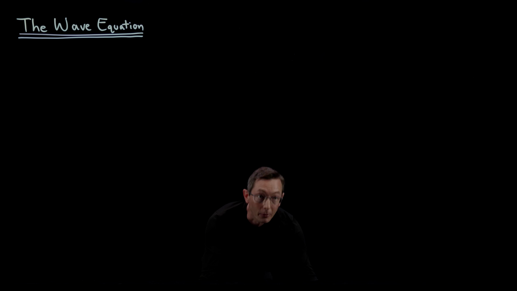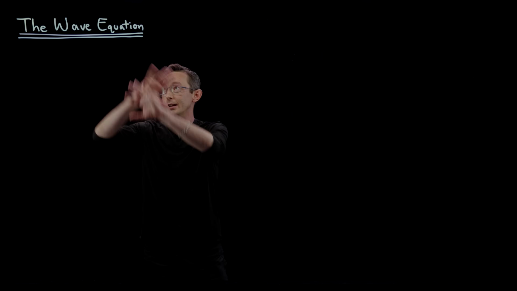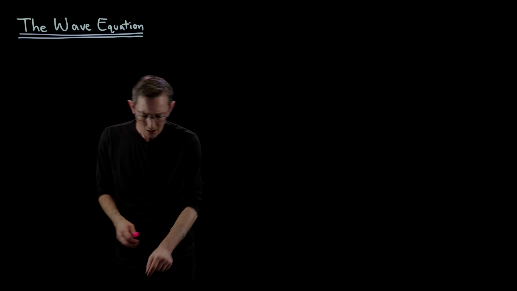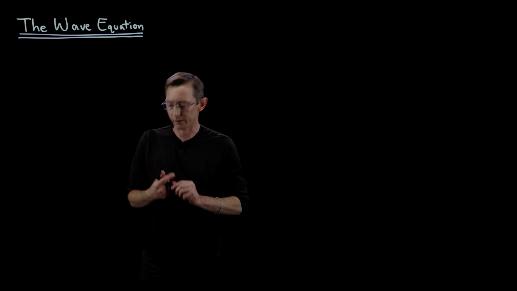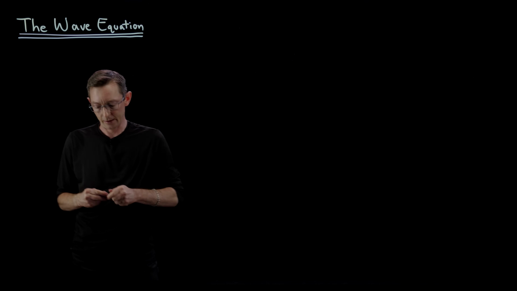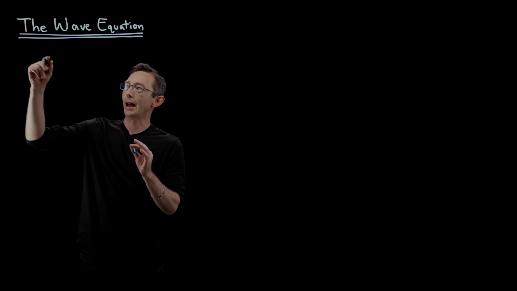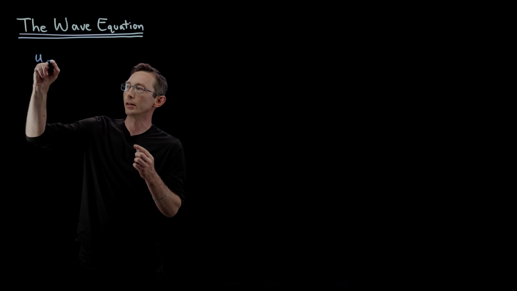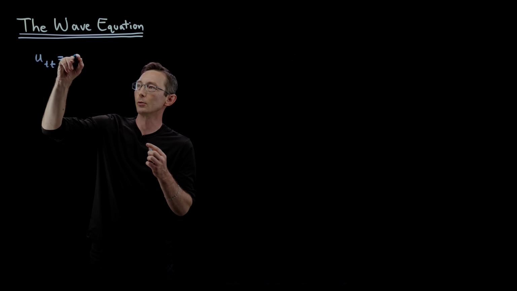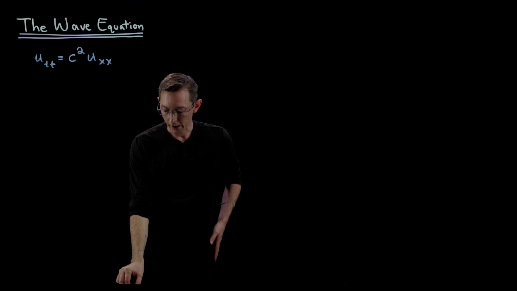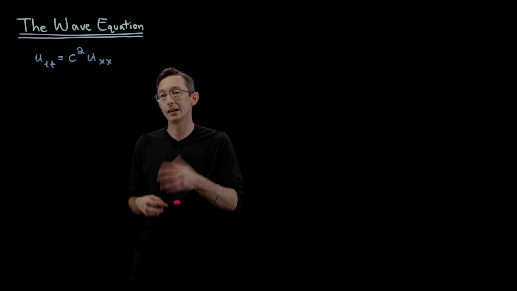For right now, I'm going to start by deriving and explaining what I mean by the wave equation. Maybe I'll use some colors here. I'm just going to write down the equation: u_tt equals c squared u_xx, where u is going to be the height of some string.